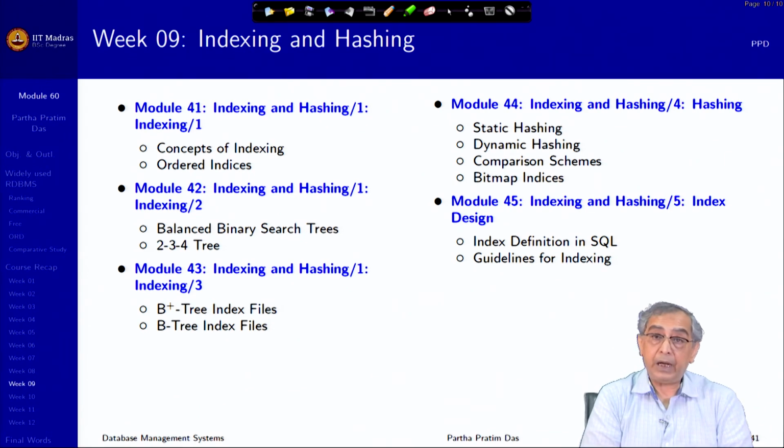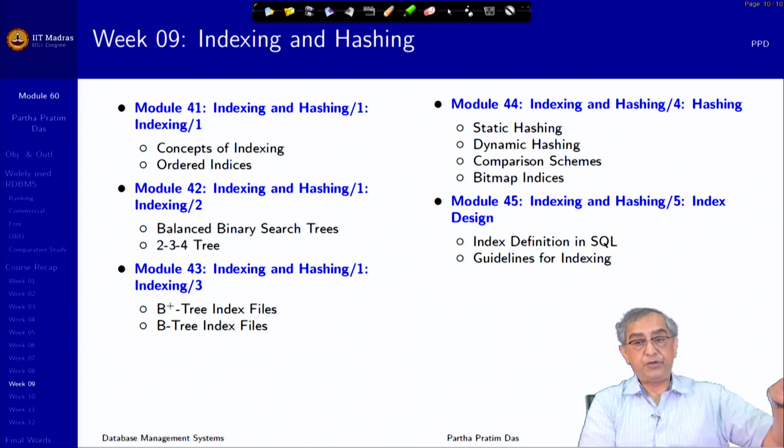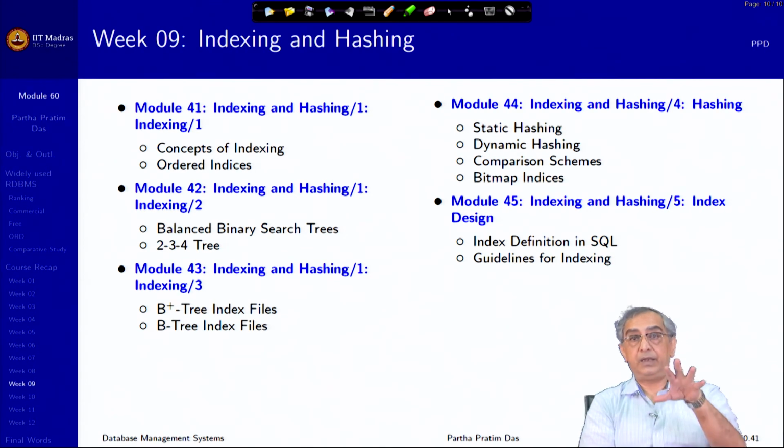In the same week, we looked at the other option for indexing, which is hashing, a mathematical mapping from an attribute value to a specific address location where the particular record can be found.